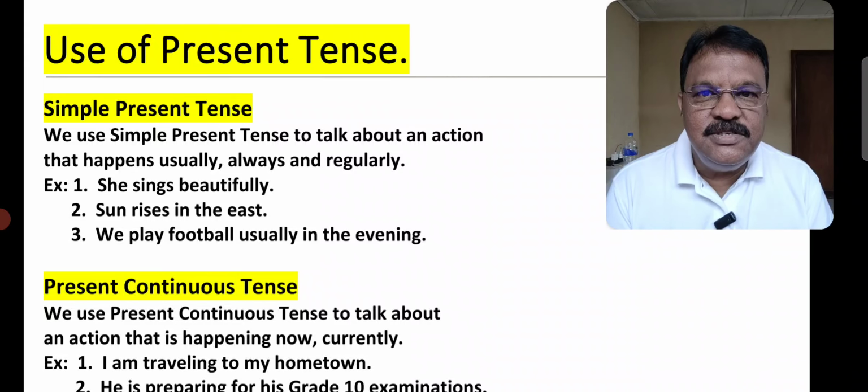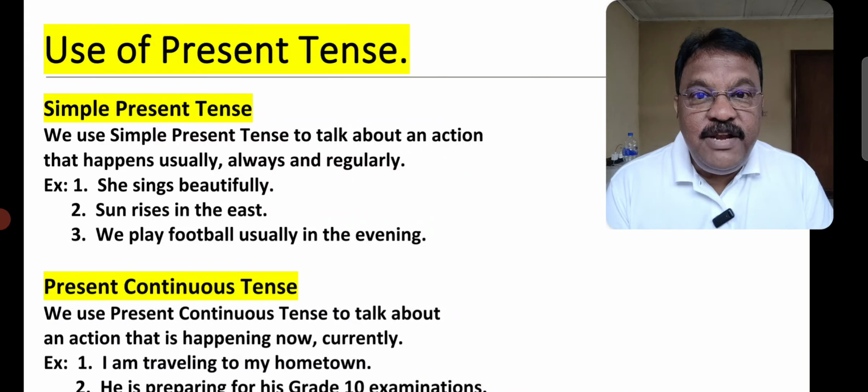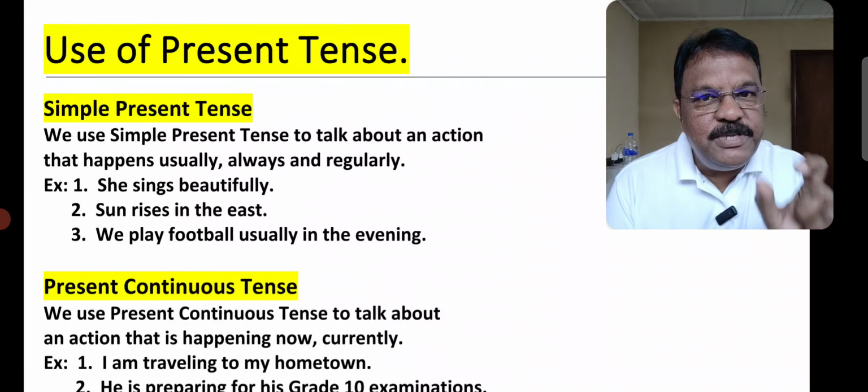So, my dear friends, when we use simple present tense verbs in our sentences, we talk about the actions that happen always, regularly, and usually. Remember this.